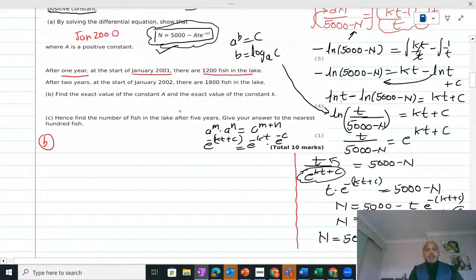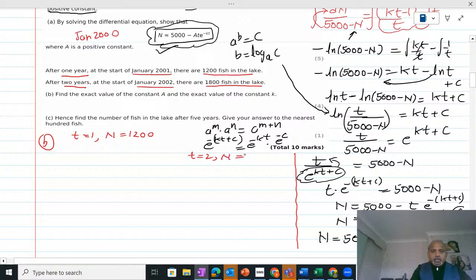So 1200 fish means time is 1 and n is 1200. And read the second line: after 2 years, January 2002, there are 1800 fish in the lake. So another condition is given, when t is 2, n is 1800.